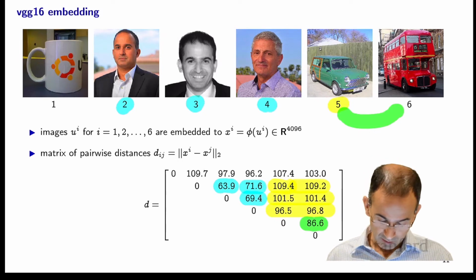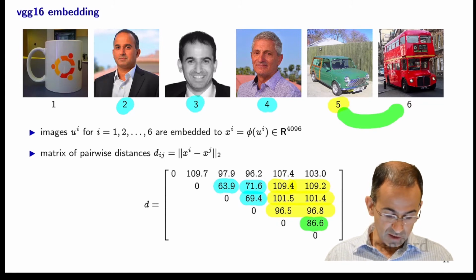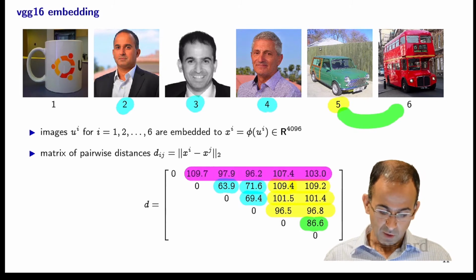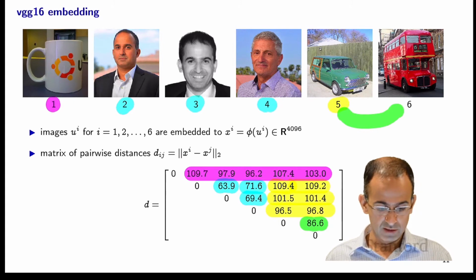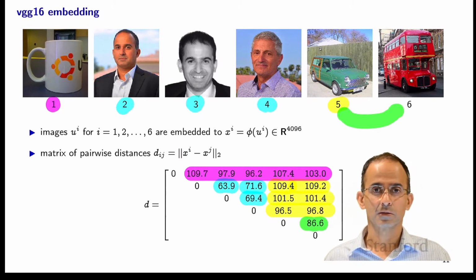We can also look at the images of the mug. You can see that the images of the mug are all quite far from all of the other images in terms of Euclidean norm distance.